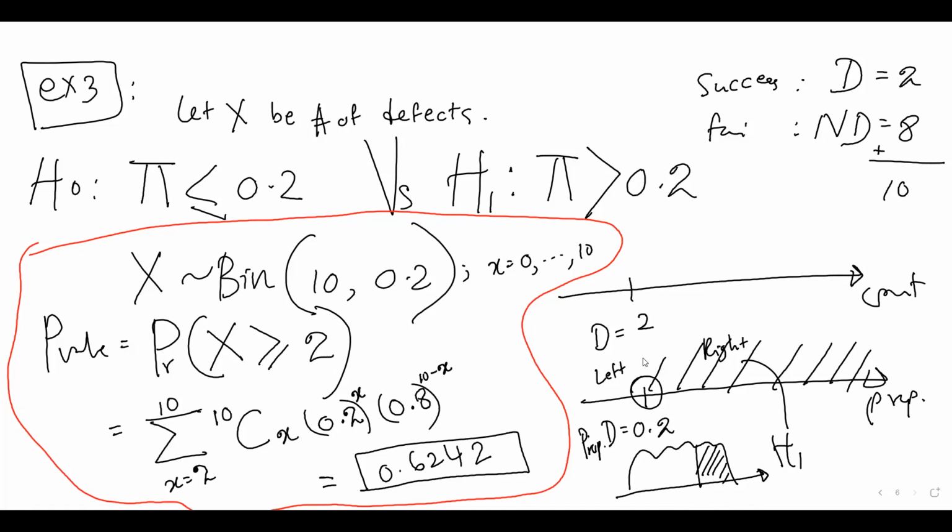So the conclusion is what? Proportion of defects is not more than 0.2. Proportion of defects is not more than 0.2. I'll simply write it here, the conclusion.